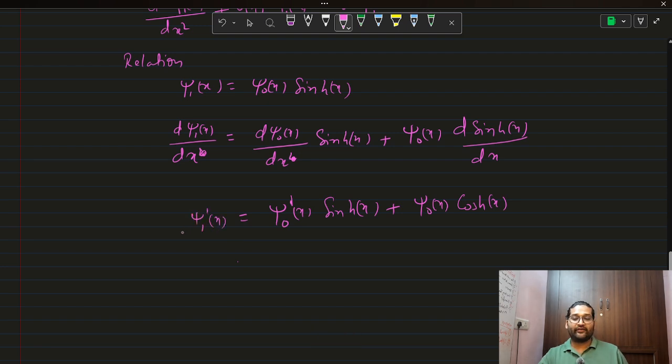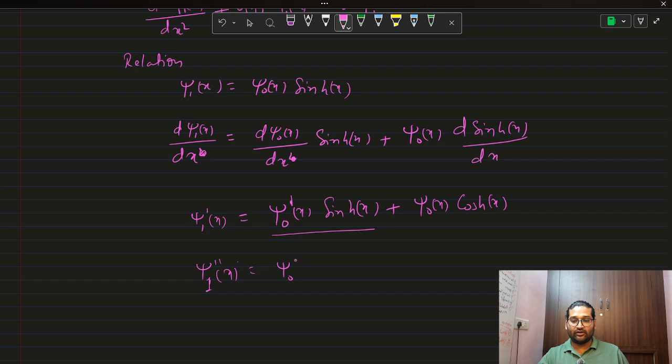Now the second derivative, again differentiate psi 1 dash x, that will give psi 1 double dash x is equal to, first differentiate this part.